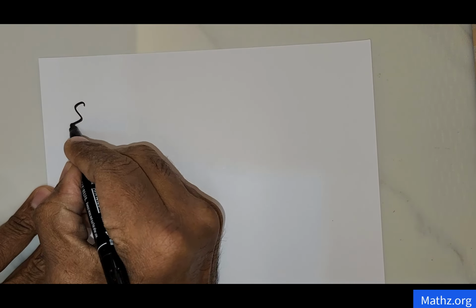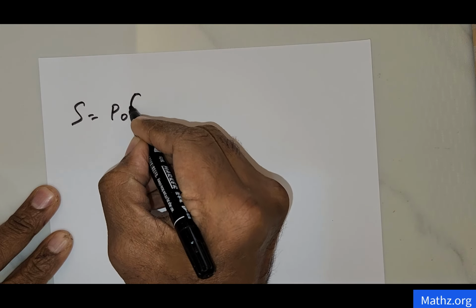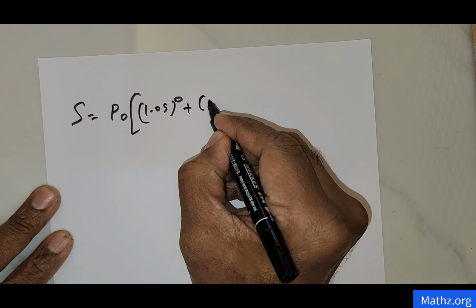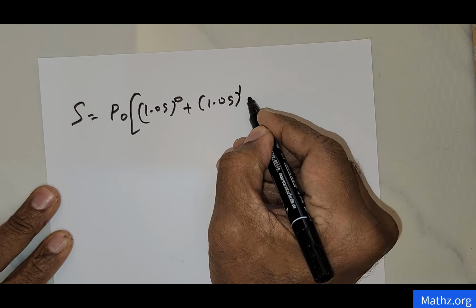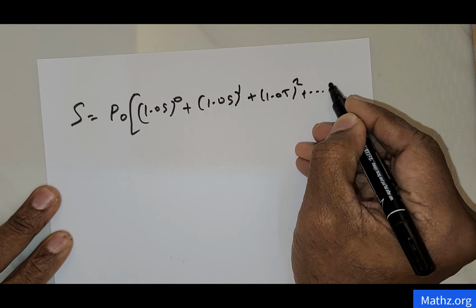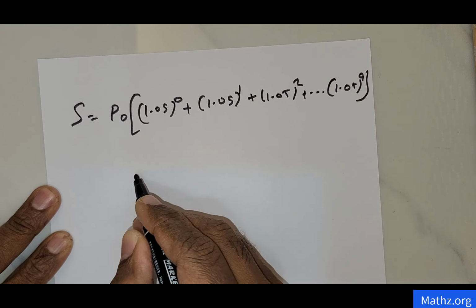Now I can rewrite the total revenue in this fashion. S is equal to P0 of 1.05 raised to the power of 0, plus 1.05 raised to the power of 1, plus 1.05 raised to the power of 2, plus etc., 1.05 raised to the power of 9.